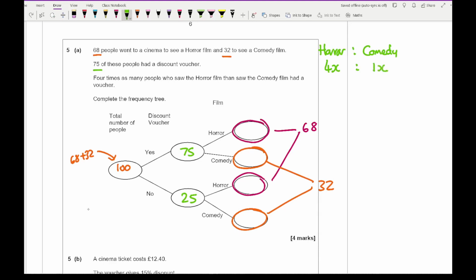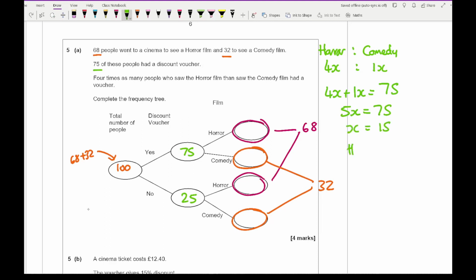So if I just put an x there, because we don't know exactly how many there are of each, but what I do know is that 4x plus 1x equals 75 people, because it tells me that 75 people had a voucher. Then from this, what we can do is work out what x is. So 5x equals 75, so x equals 15.